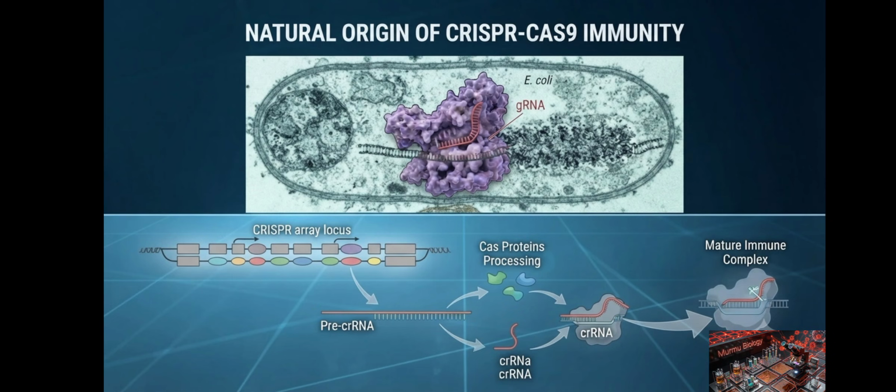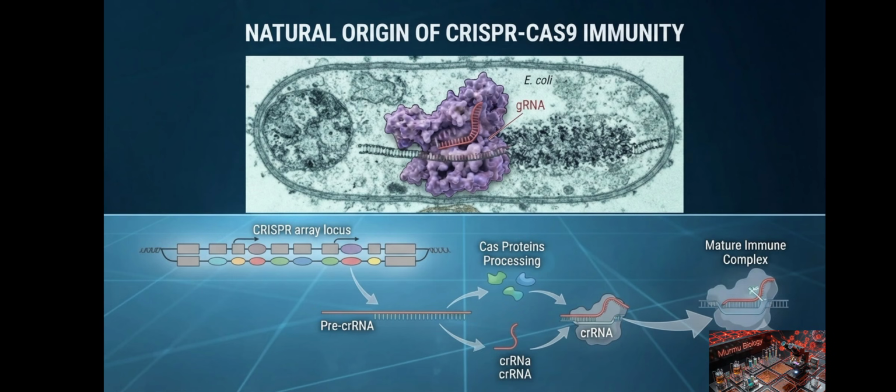It attaches that particle onto its own DNA and remembers that this bacteriophage has infected it. In the future, when the same bacteriophage infects the bacteria, it can rapidly mount defense activities against that bacteriophage, somewhat like the adaptive immune system present in humans.